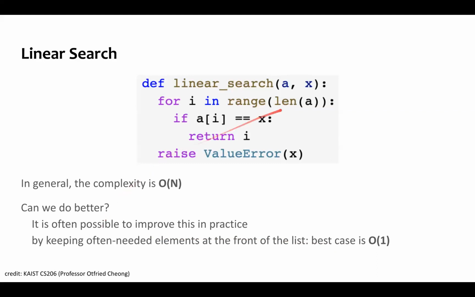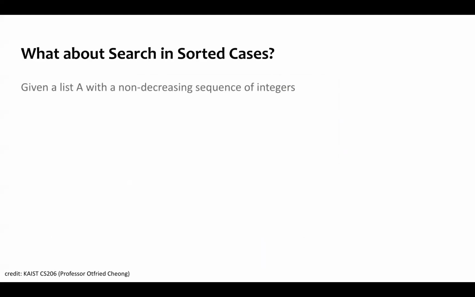And what about search in sorted cases? In the previous case, we assumed that the items inside this list are not sorted, not in order. However, let's say a list contains items that are in the order of a non-decreasing sequence of integers. In such a case, we can stop as soon as we find the item we're looking for.